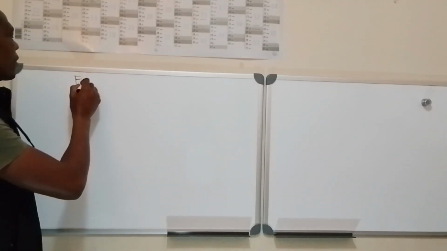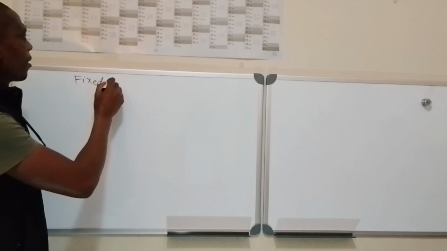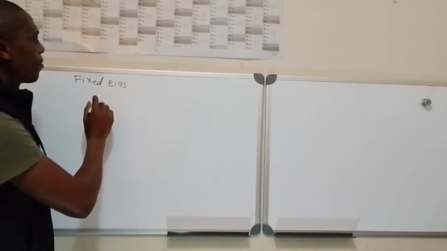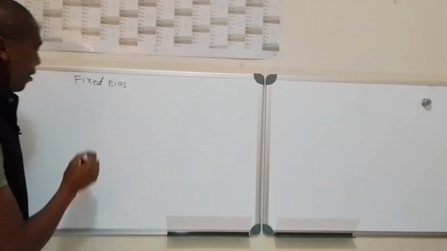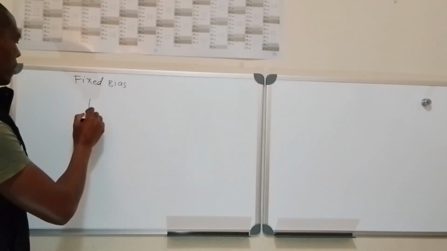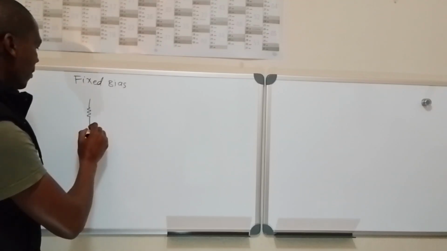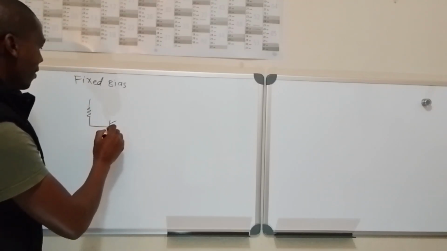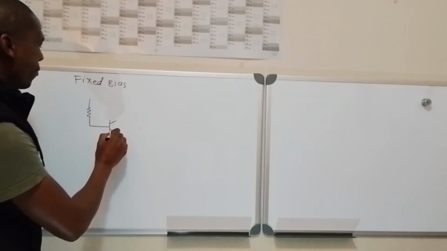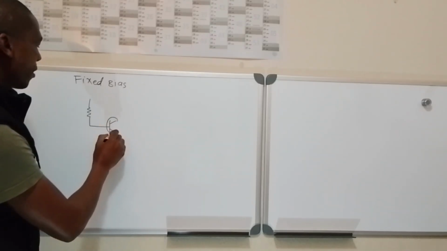They call it a fixed bias. If the transistor is connected like this, we'll only focus on an NPN transistor. Ne?